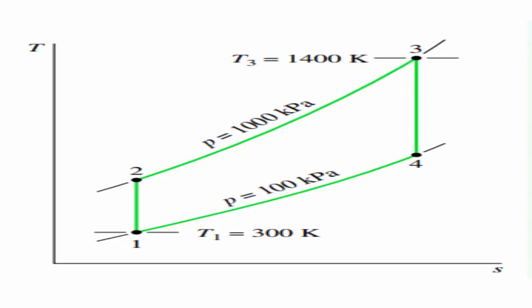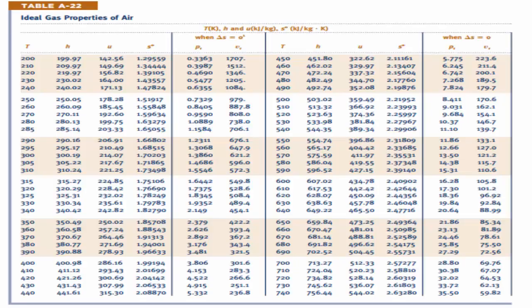As it is air, we will go to the A22 table, which is at the back of the book, which I have mentioned in the description. After opening the table, we go to the temperature of 300 Kelvin.